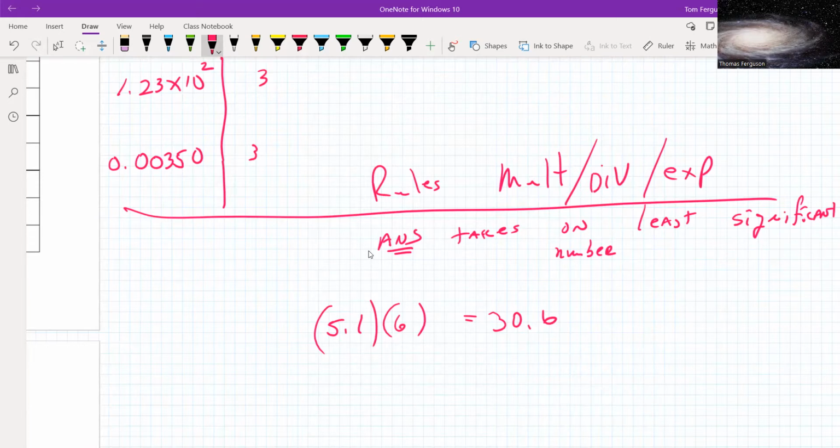My calculator tells me it's 3.06 times 10 to the 1, or 30.6. Okay, is that the correct answer? Well, it says the answer takes on the least significant number. So number one is you need to figure out the significance of each of the operands. How many sig figs is that? 2, 1. So your answer is going to have 1 sig fig. 1 sig fig.